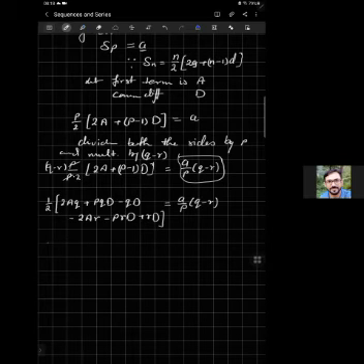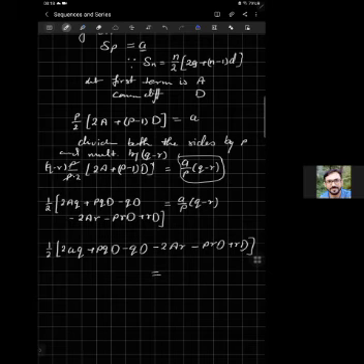I must write it in a proper way. 1 by 2, 2A into Q minus R, plus PQD minus QD minus 2AR minus PRD plus RD equals A upon P into Q minus R. This I am calling equation 1.